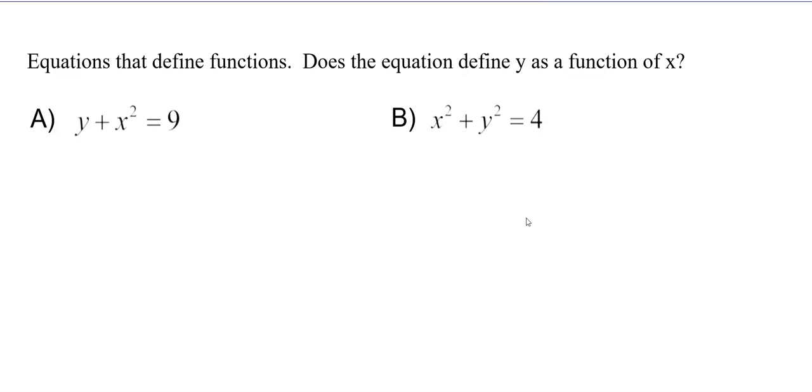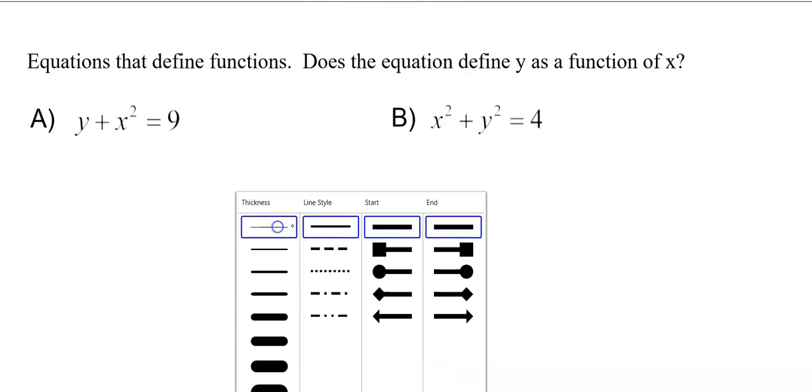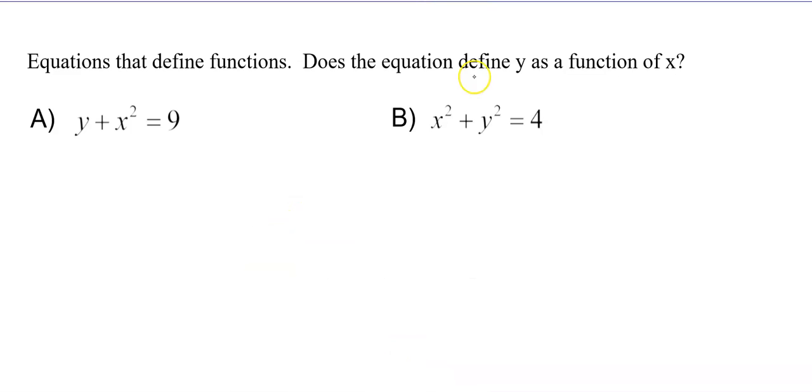Okay, so one way is to look at a graph. That's actually a pretty easy way to do the vertical line test. It's a little tougher when they ask, is it a function? This is basically a way of saying, is this a function or not? To test it, we're going to solve for y. Does y define as a function of x? So I'm going to solve for y by subtracting.